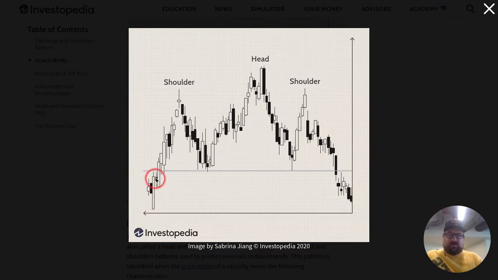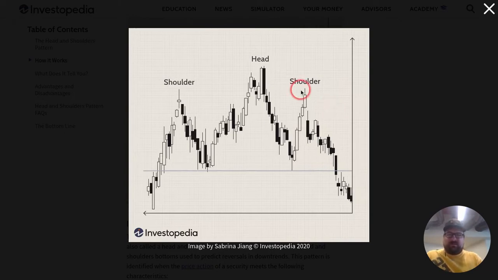We made a higher high, higher low, higher high. That's where we get to the head, which is the reversal pattern starting, where we come down here and make a lower or an equal low to before, and then for the other shoulder, we're showing a lower high.